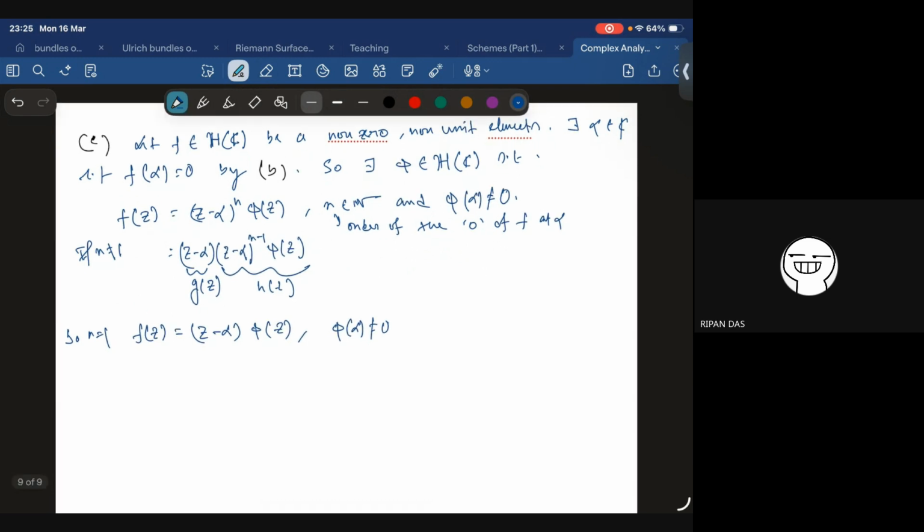By the same way, we can show that phi(z) is not a unit either.